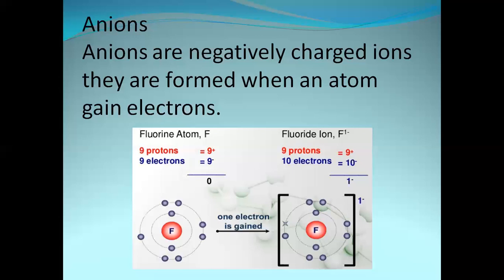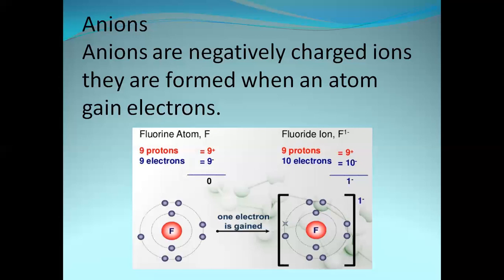Let me summarize. At first, we studied what basically an ion is. An ion is an electrically charged particle which is formed by gaining or losing an electron by an atom. Then we studied that there are two types of ions: cations, positively charged ions, and anions, negatively charged ions.